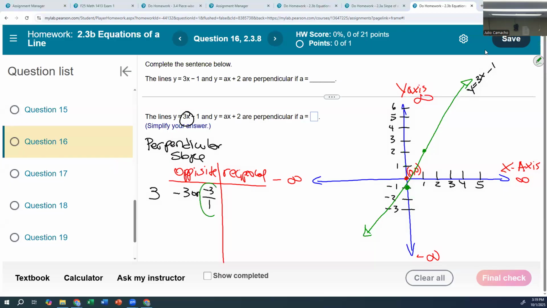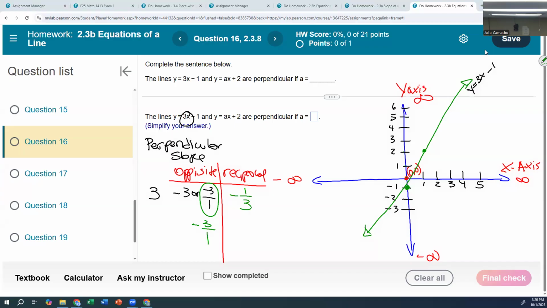this number upside down. So if I have a negative 3 over 1, the reciprocal will be a negative 1/3. These representations of negative 3 are the same.